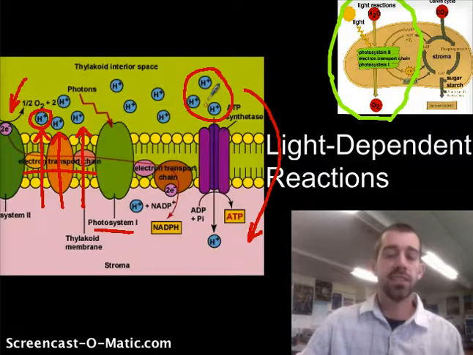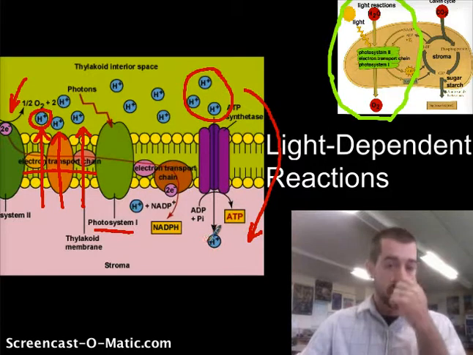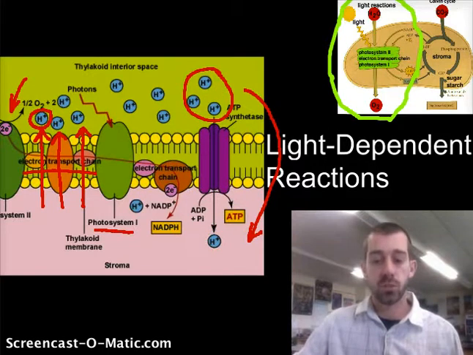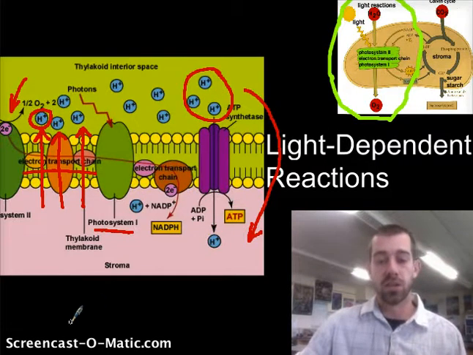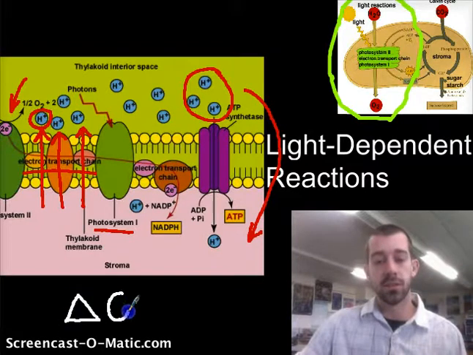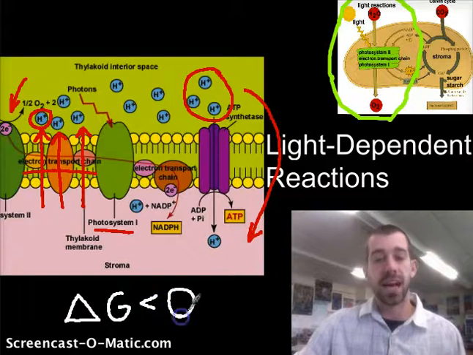So you've created a situation where there's lots of protons that want to move outside. And when they move outside, that's actually going to release some stored energy. So when you move those protons, delta G is going to be less than 0. Energy is actually going to be released by moving those protons.